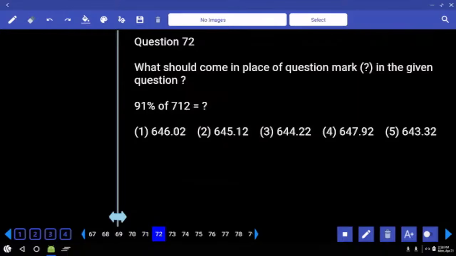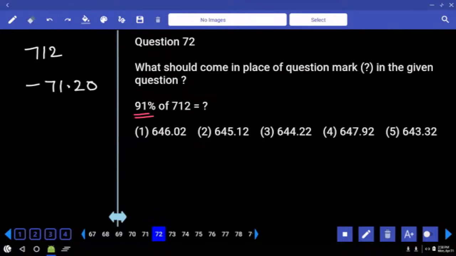91%. Can I treat it as 90% plus 1%? Let me calculate 90%. 100% minus 10%. Is that okay? Come on. Don't calculate this. Leave it like that.